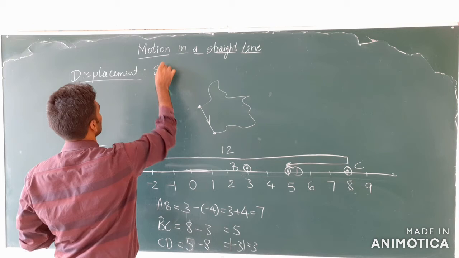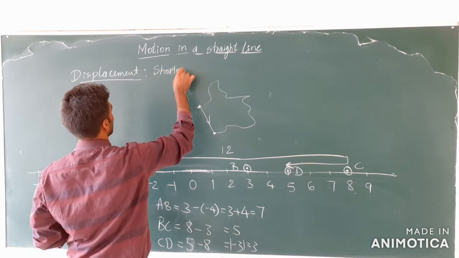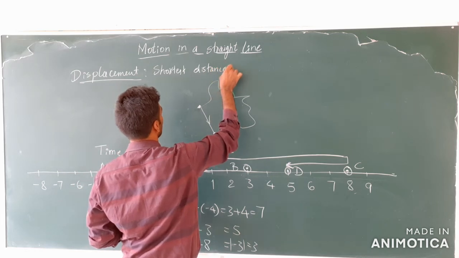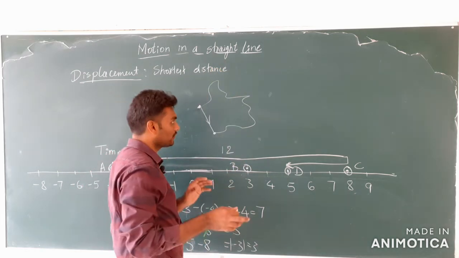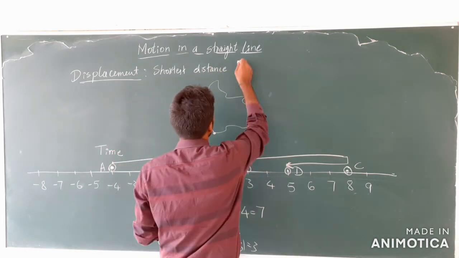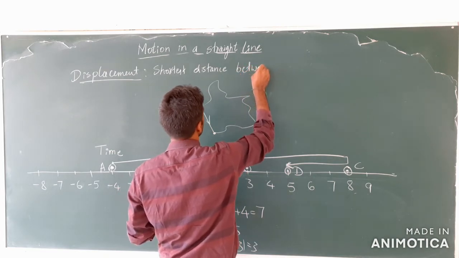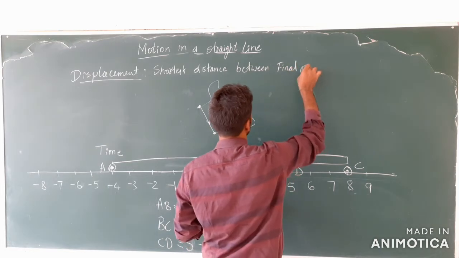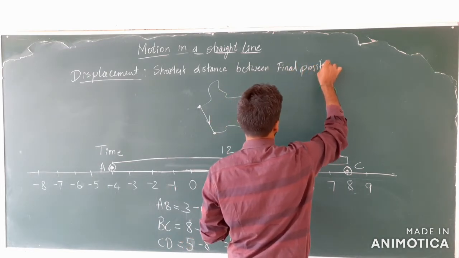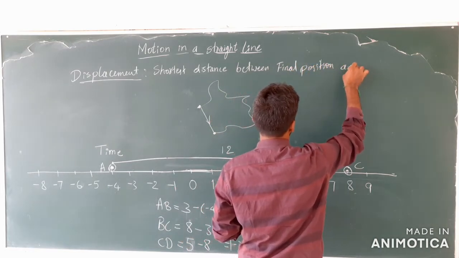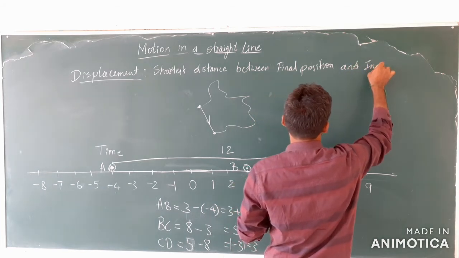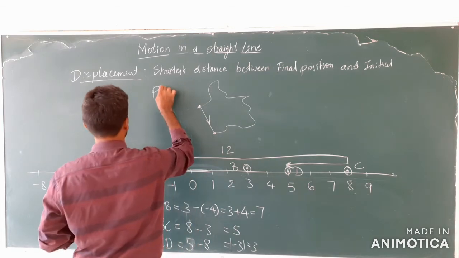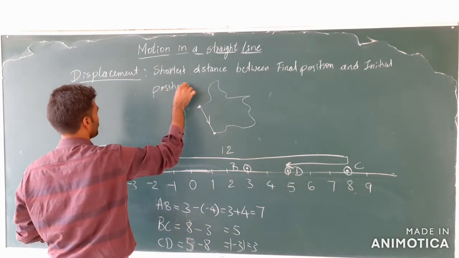Displacement is the shortest distance, or you can put this as shortest length, that's also fine. Okay, shortest length between final position and initial position. Okay, this is the definition of displacement, very important.